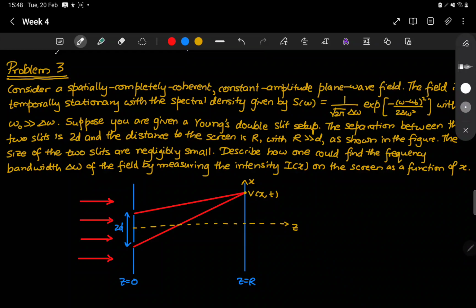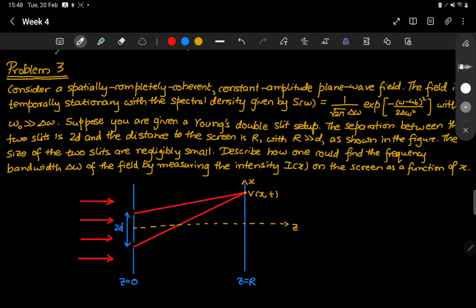The size of the two slits is negligibly small. That means we can consider that the slit width is tending to 0. Describe how one could find the frequency bandwidth delta omega of the field by measuring the intensity I(x) on the screen as a function of x.